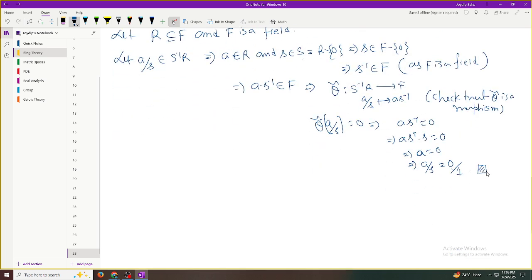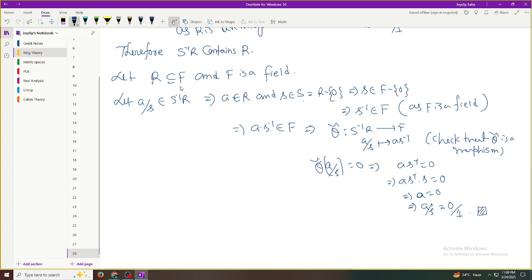So if F contains R, then F also contains S inverse R. Therefore it is the smallest field. Now the question is, what are the ideals of S inverse R?